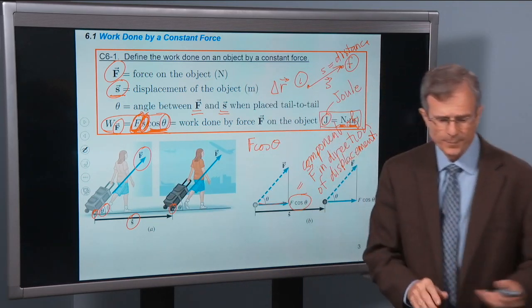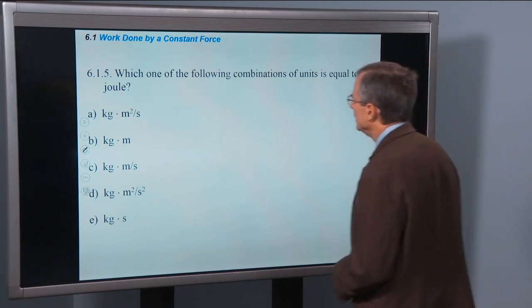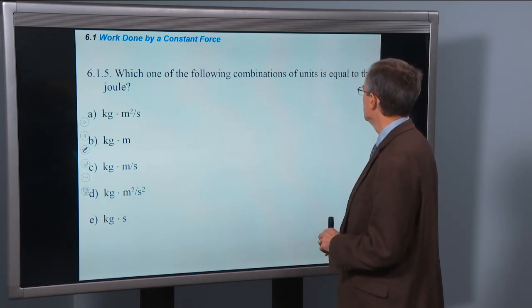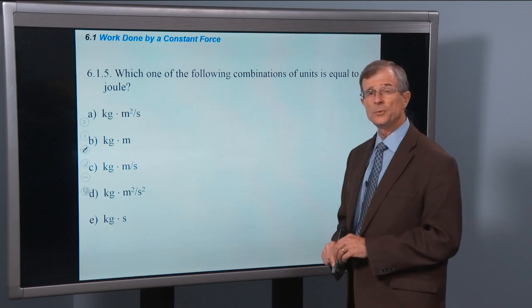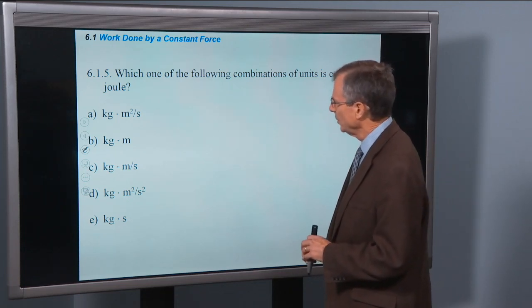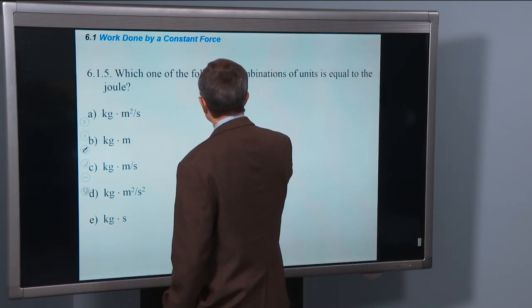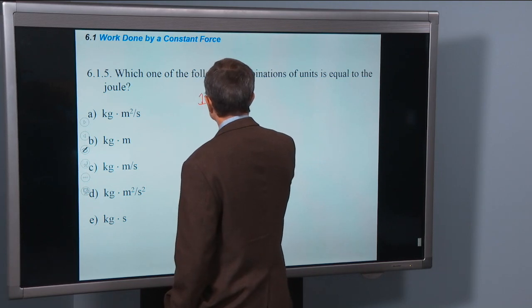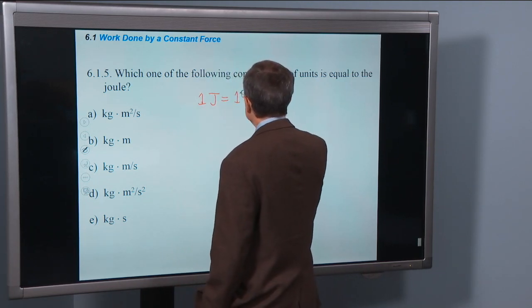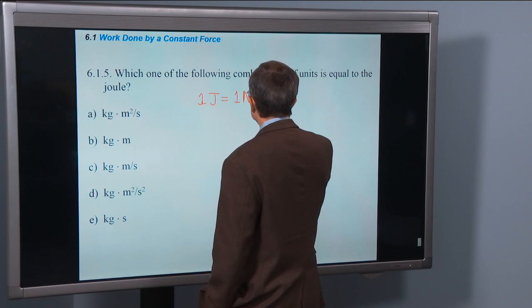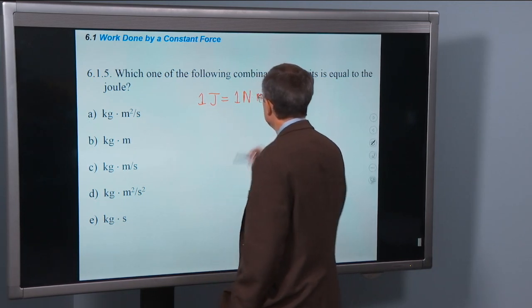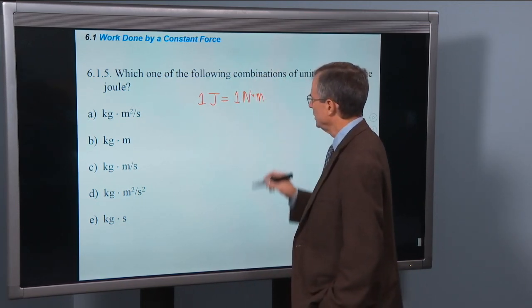That's the joule. This next question is, which of the following combinations of units is equal to the joule? Well, let's take a look. The joule, 1 joule, is 1 Newton meter. But we know what a Newton is.